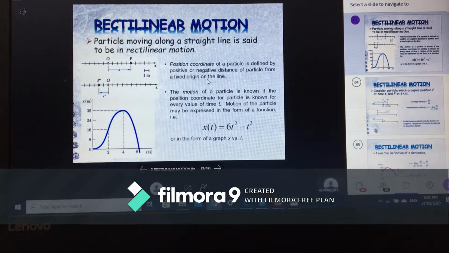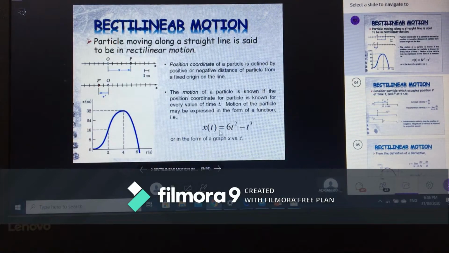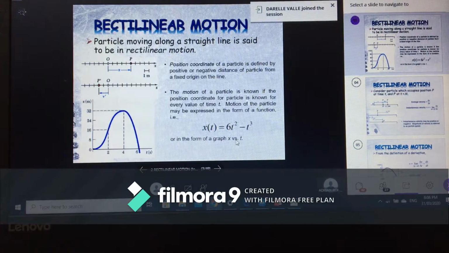Okay? Now the motion of a particle is known if the position coordinate of the particle is known for every value of time t, and the motion of the particle may be expressed in the form of a function, for example, x as a function of t equal to 6t squared minus t cubed, or in the form of a graph, that is x versus t.